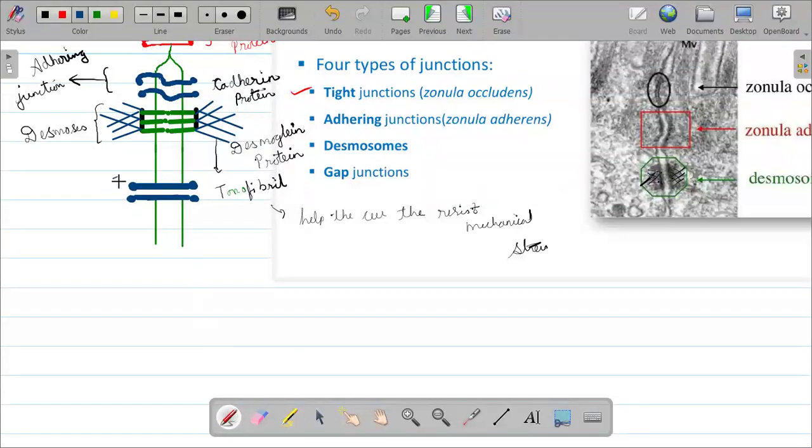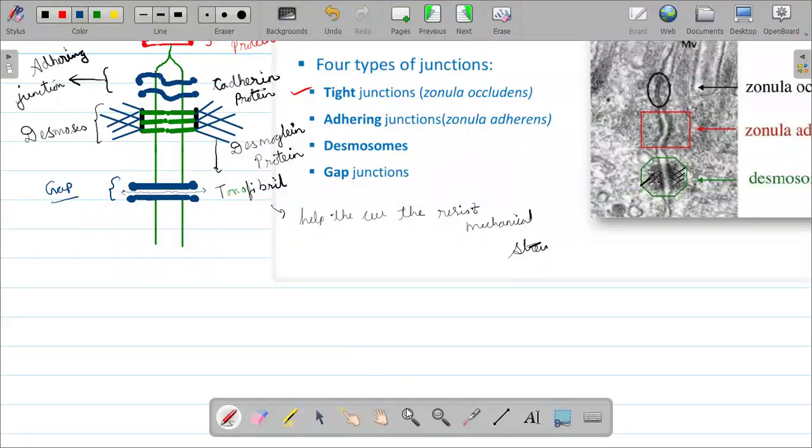It is a space where it's completely a gap. So through this, exchange of molecules can take place very easily with the help of protein pipes. It acts like channels through which exchange of molecules can take place. Yes or no? Yes, sir. That is called the gap junction.